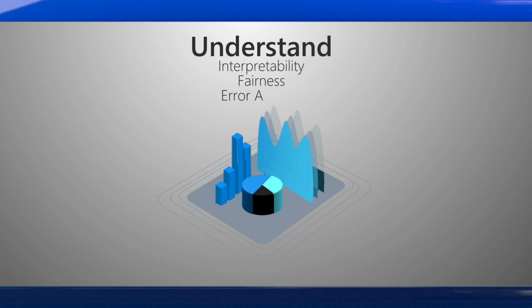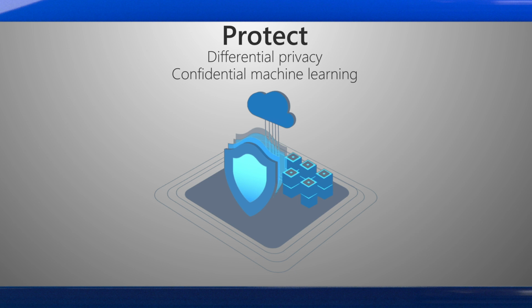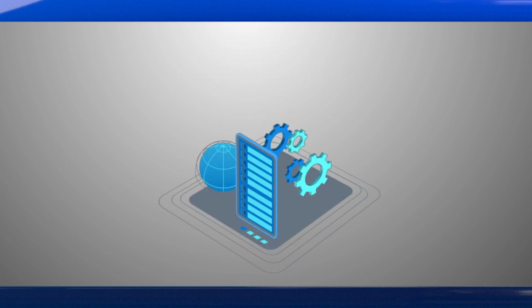Azure Machine Learning helps us understand models using built-in model interpretability capabilities, as well as fairness assessment and mitigation capabilities. Protect. Azure Machine Learning supports differential privacy that enables folks to build machine learning models using sensitive data while safeguarding the privacy of individuals.